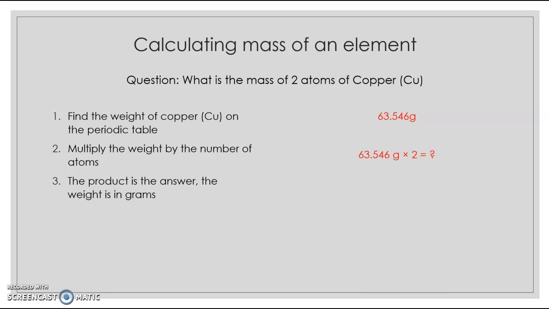So that would be 63.546 grams times 2. This would equal 127.092 grams. And this is the mass of 2 atoms of copper in grams.